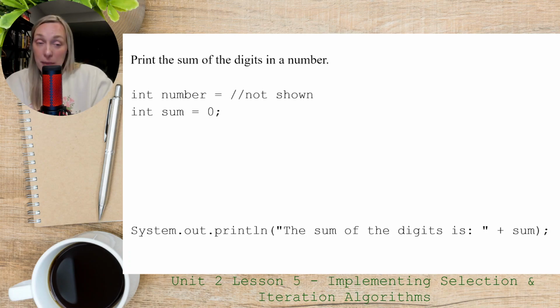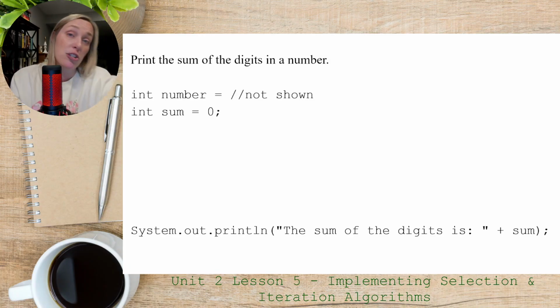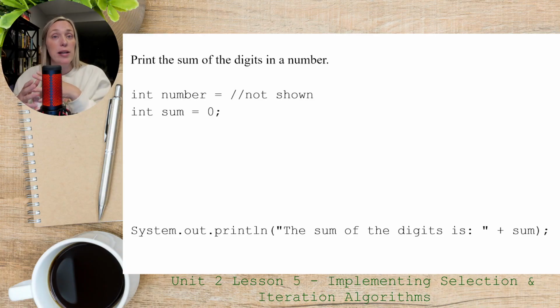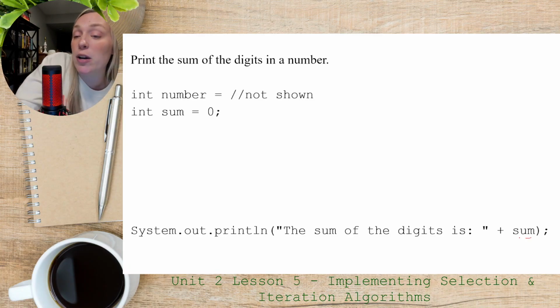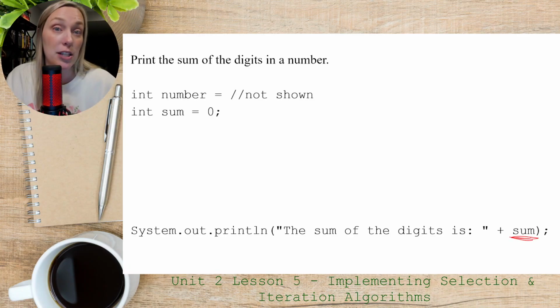Here's an example of when you might need to extract digits in a number. If you want to print the sum of all the digits in a number. Let's say you have some sort of number, and you can see there on the code that's set up for you, that number is not shown. But you have some sort of big number stored in there and you have an int sum equals 0. So sum starts off as 0 and at the very end of this, you want to print what the sum of all the digits was, right?